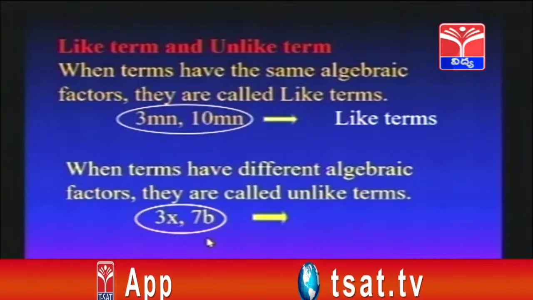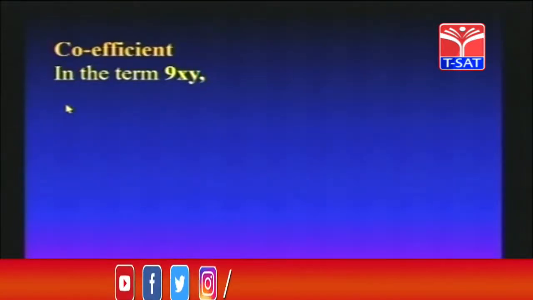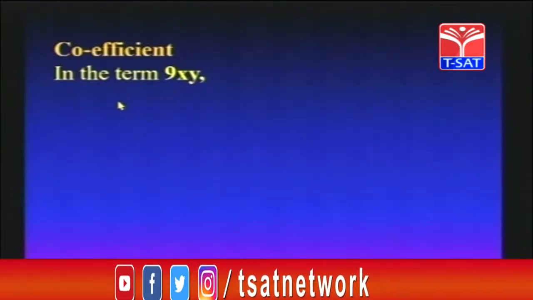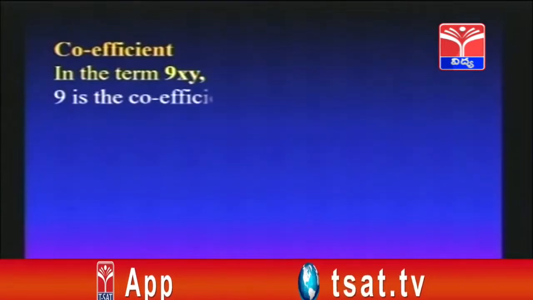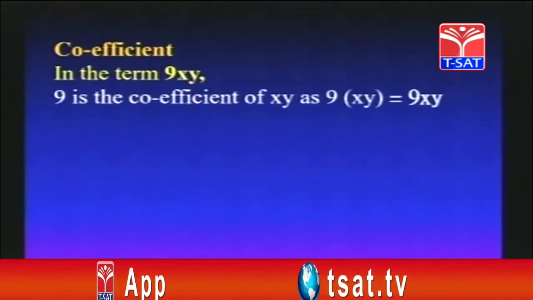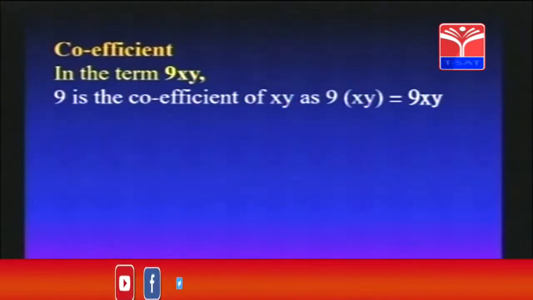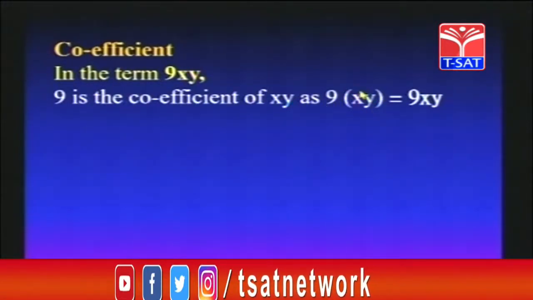Now what is the coefficient and how do you write the coefficient of a single term? Children, let us observe a single term here, 9xy, and how the coefficients are written. First, 9 is the coefficient of xy. Why, children? Because 9xy can be written as 9 into xy.